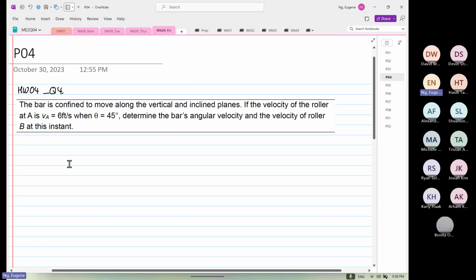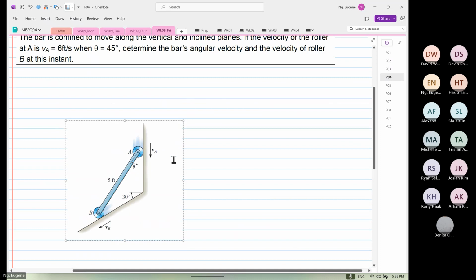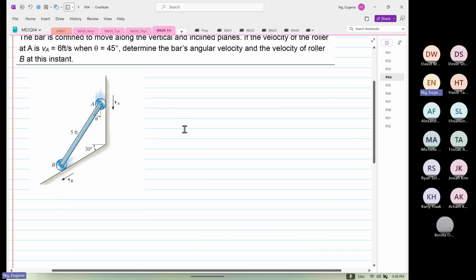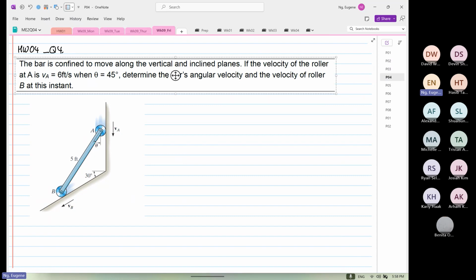Now this question again is kind of tricky. And it took me a while also. So the bar is confined to move along a vertical and inclined plane. If the velocity of the roller is going down at 6 feet per second, so VA is equal to minus 6 feet per second, and we are given over here theta is equal to 45 degrees.